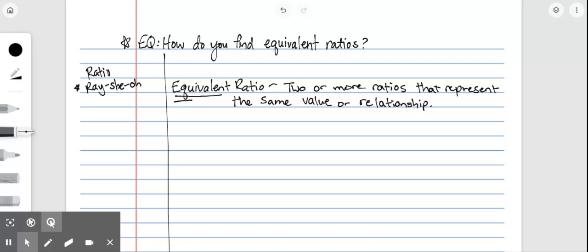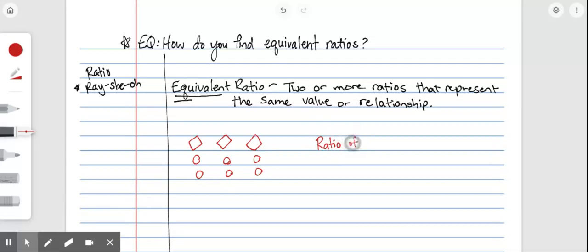So I'm going to draw a diagram, and then we're going to talk about two equivalent ratios for that exact same diagram. In this diagram, I have squares and a bunch of circles. I want the ratio of squares to circles.